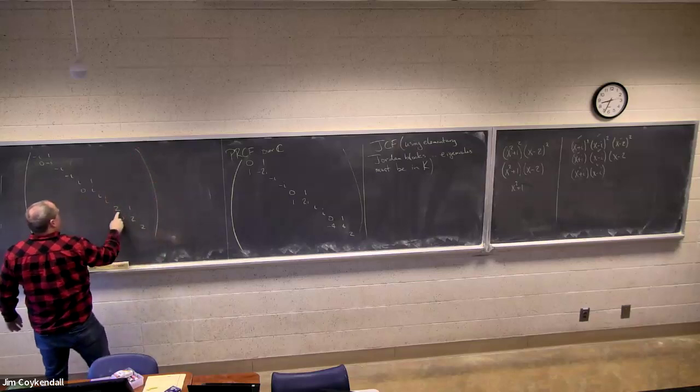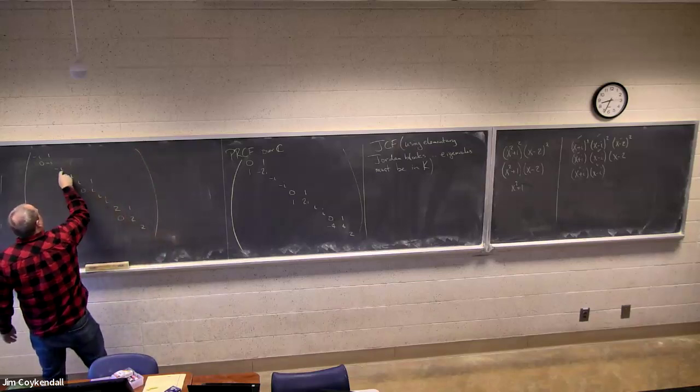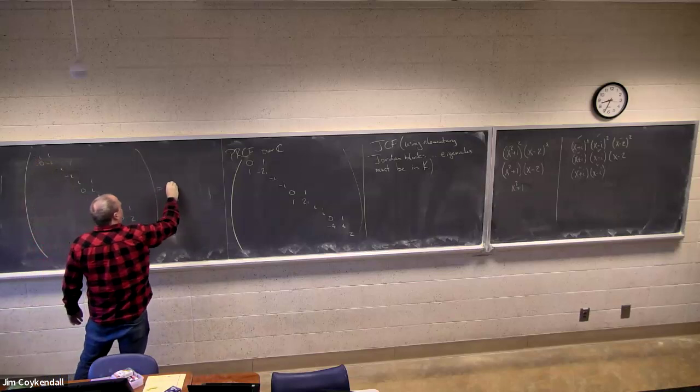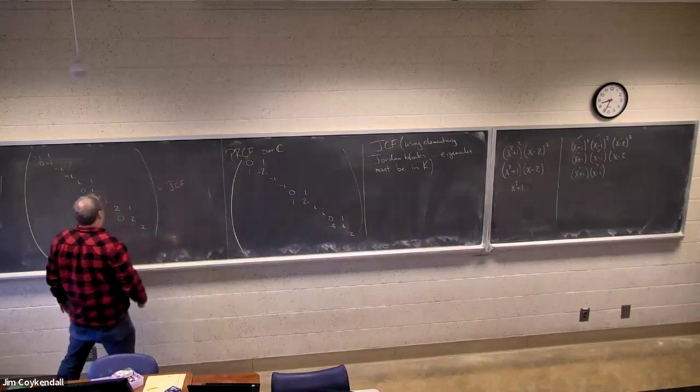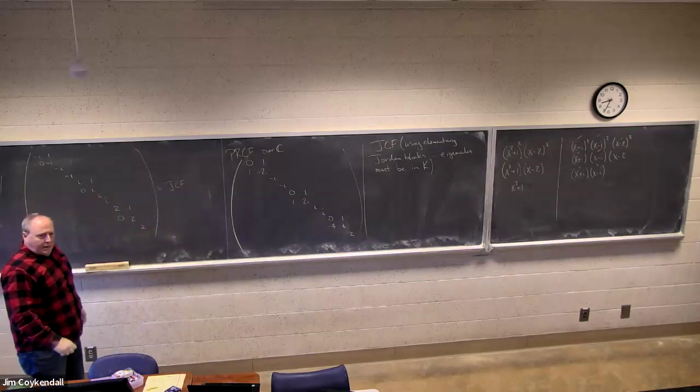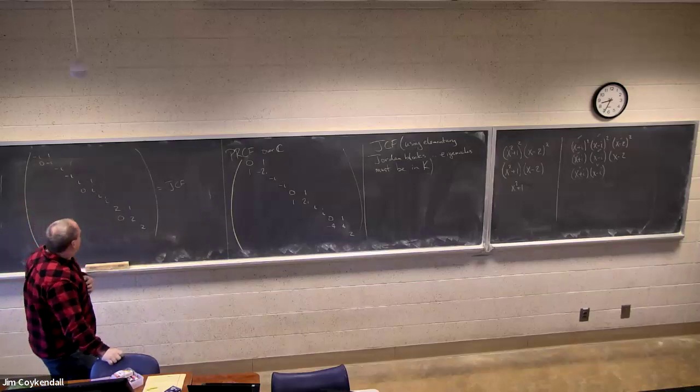Good. And the Jordan form has its advantages too, because this one's always upper triangular, right? So that's kind of neat.